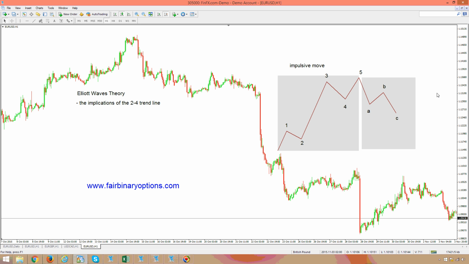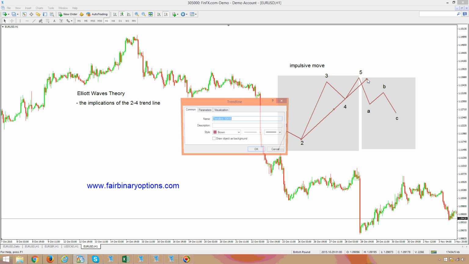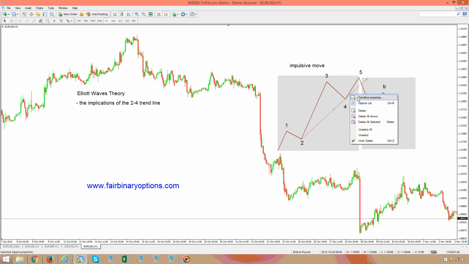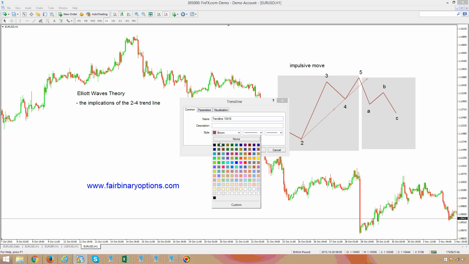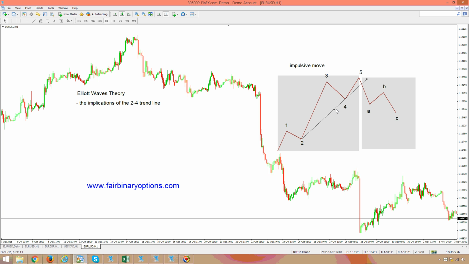So the way to check if this impulsive move is completed is by taking a trend line and connecting the end of the second wave all the way to the end of the fourth wave, and of course making it of a different color. Let's make it in black. So this is being called the 2 to 4 trend line.